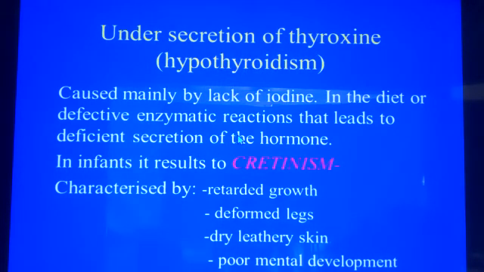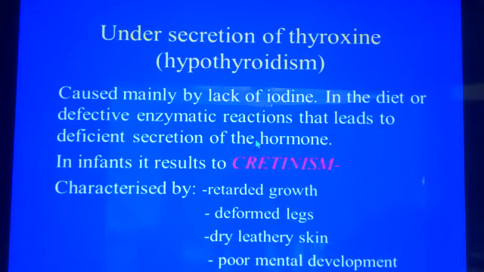What will happen if there is insufficient production of thyroxine, in what we call hypothyroidism? This might be caused by lack of iodine. Remember, iodine is needed for the formation and development of the thyroid gland, and therefore, if there are defective enzyme reactions, that could result in deficient secretion or production of the hormone.